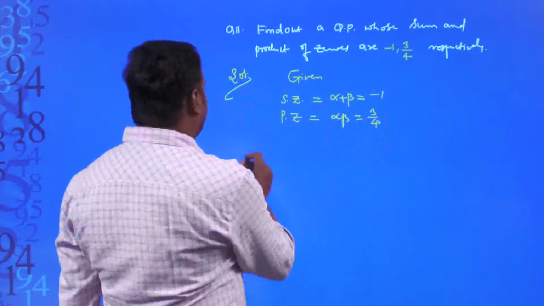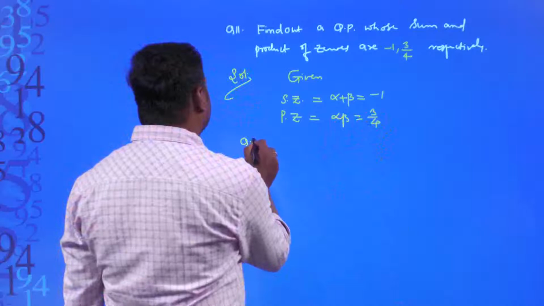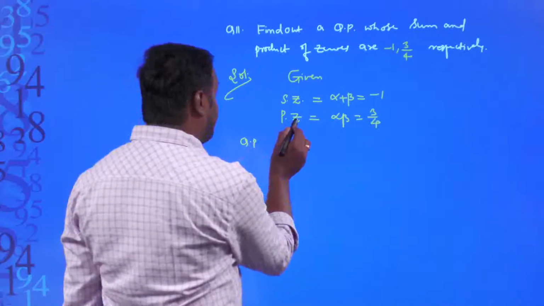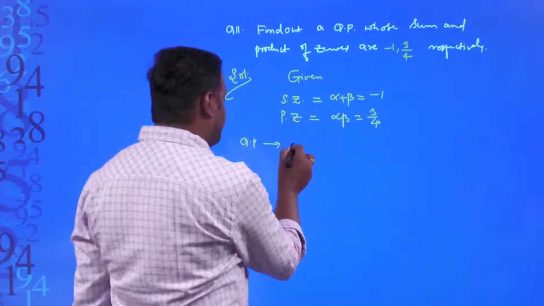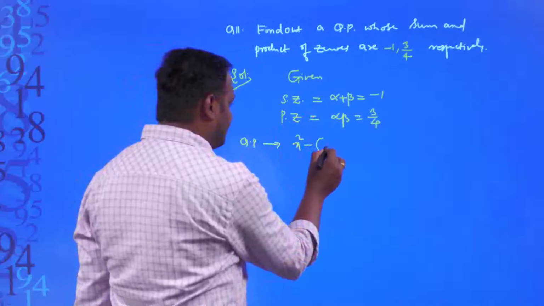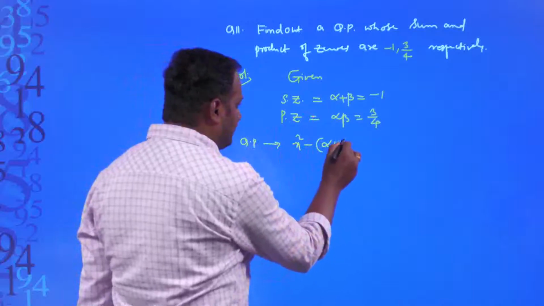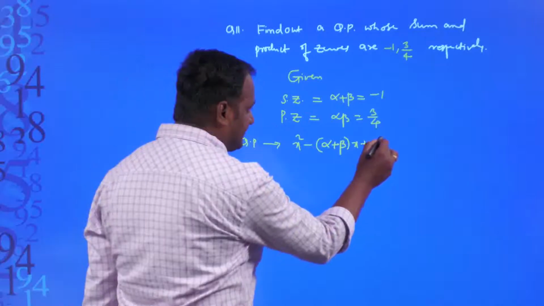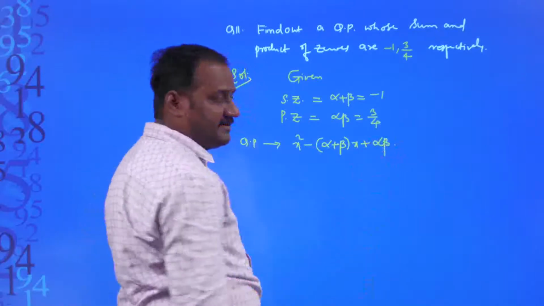So then the quadratic polynomial whose zeros are alpha and beta is x square minus of alpha plus beta times x plus alpha into beta, right?